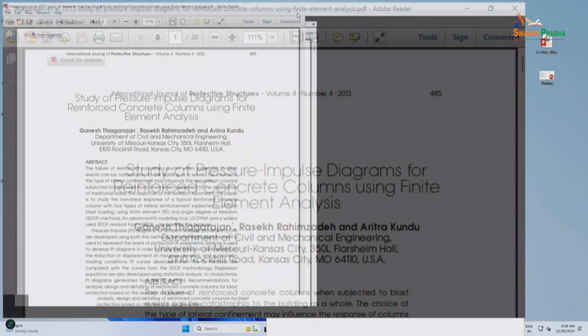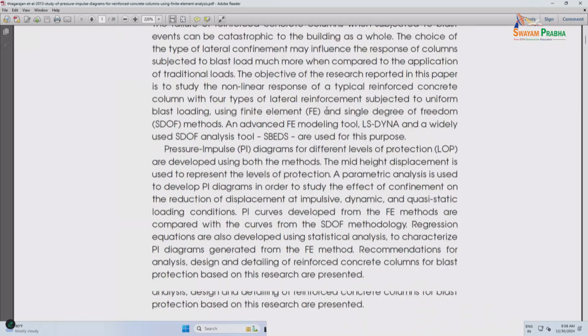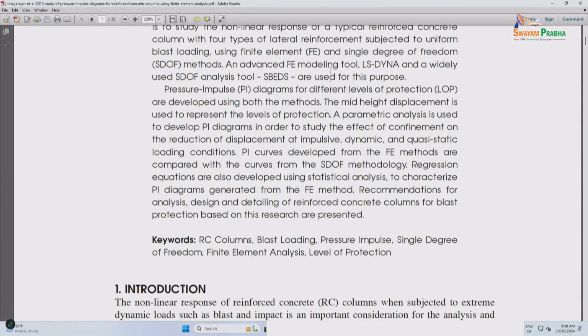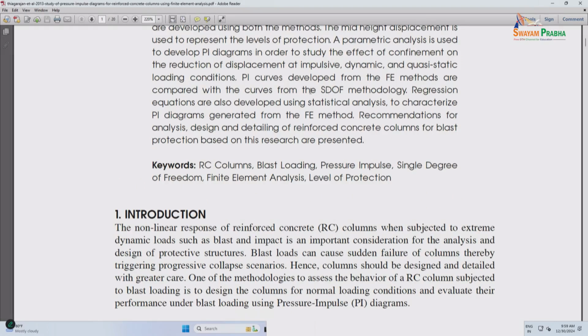We took reinforced concrete columns and used finite element analysis for this purpose. We used LS-Dyna, and we also compared with a tool which we don't have anymore. I used SDOF analysis also. So PI curves developed from FE methods are compared with curves from the SDOF methodology.